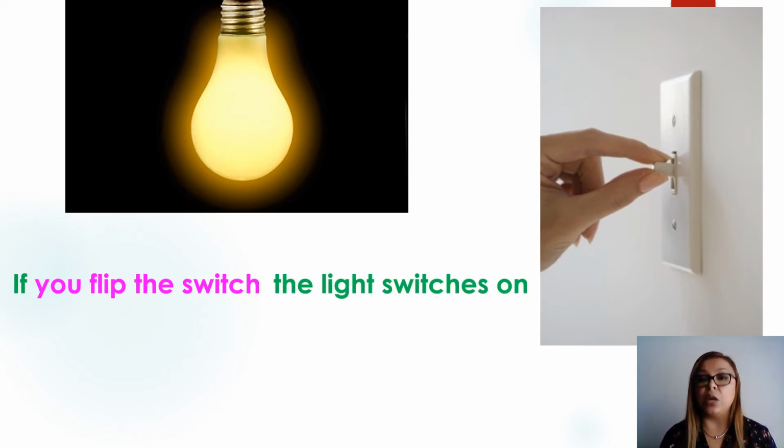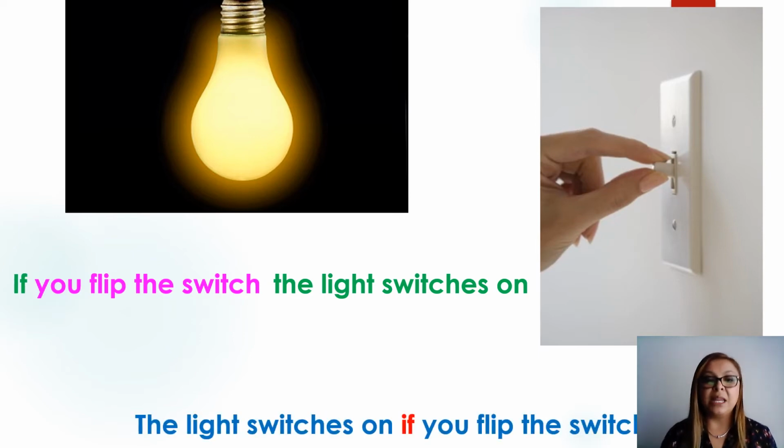Ok, algo va a suceder con la luz. The light switches on. Okay? La luz se enciende si pasamos de abajo hacia arriba, dependiendo cómo sea el interruptor. So, in the other order, en el otro orden, how do we say the sentence? The light switches on if you flip the switch.